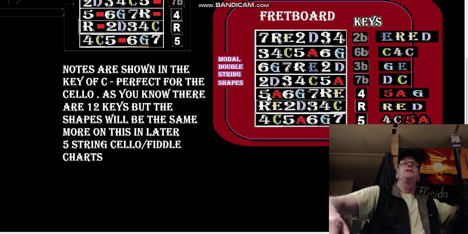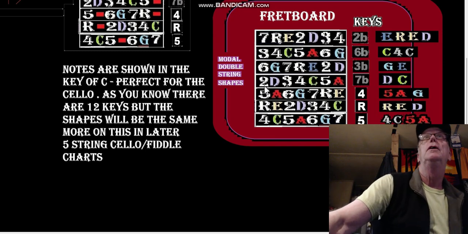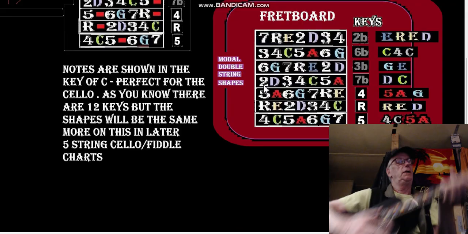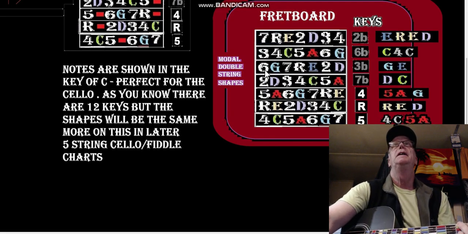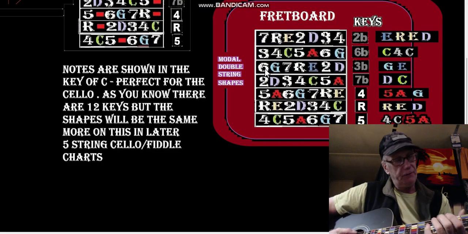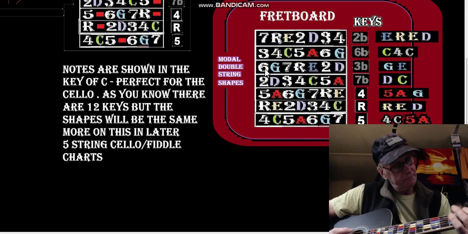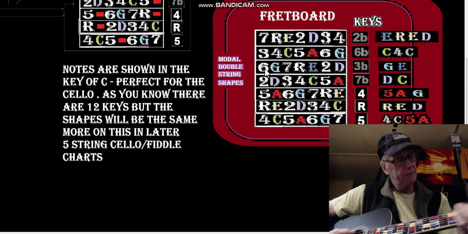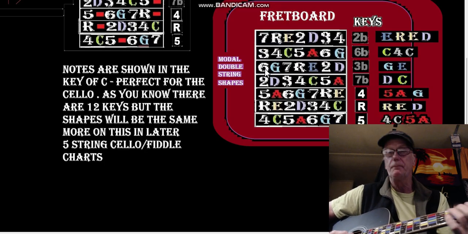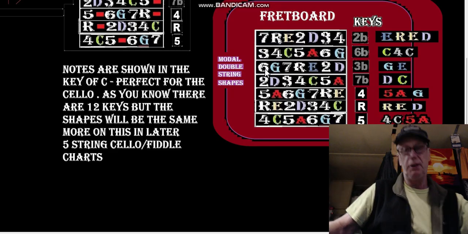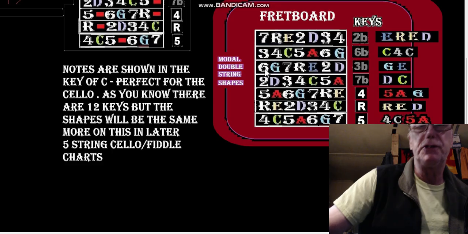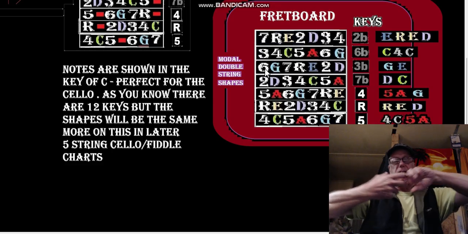But in cello and fiddle, 2, 3, 4 would go up to 6, 7 root with a 5 in between. So it'd be just like that. So the cello and the fiddle string shapes are double string shapes in that they interlock modally.